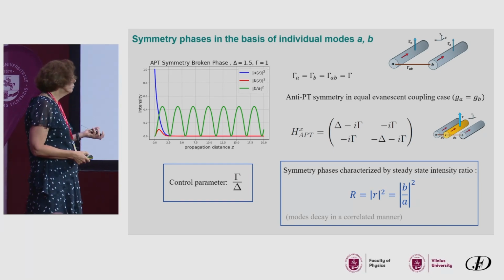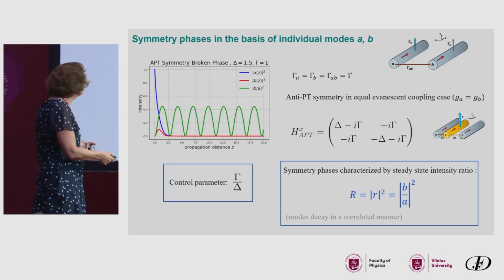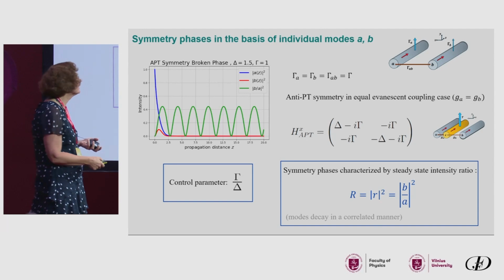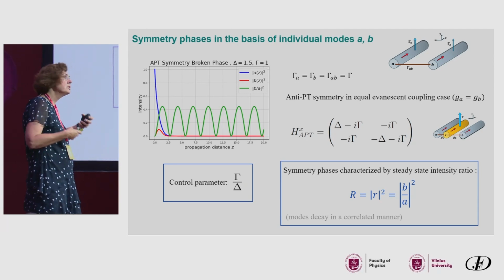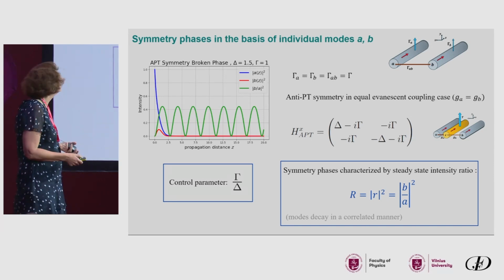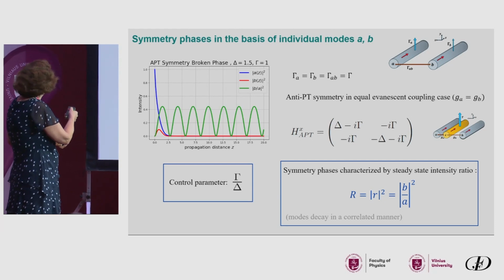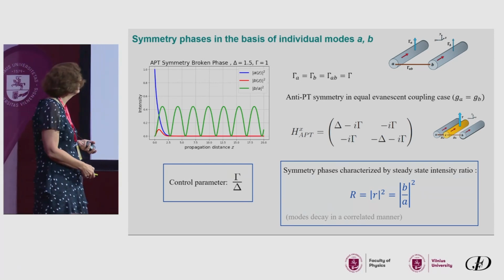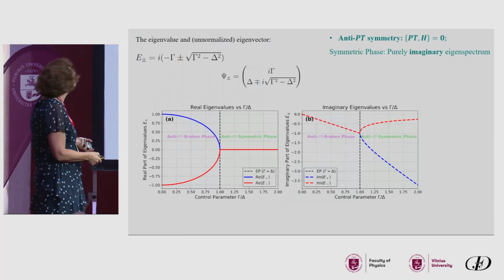Because you still have dissipation, individual modes lose intensity quite quickly, so a good way to see what's happening is to introduce the intensity ratios, because these modes decay in a correlated manner. Then you see this typical signature of an anti-PT system. The modes decay quickly, but if you look at the ratio, you have this typical oscillatory behavior.